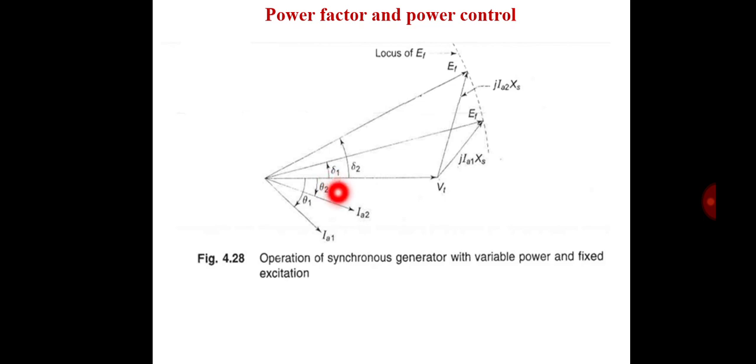Here is the angle theta 2, so the power factor is improved. So we see how, with a synchronous machine, we improve the power factor with the change of delta, change of theta, and change of active power.